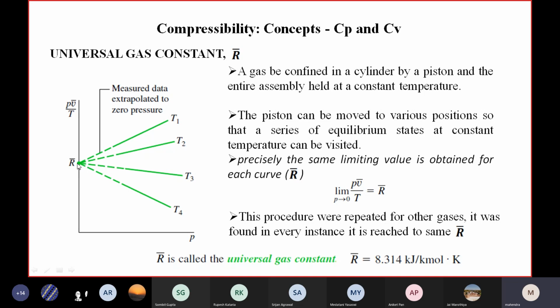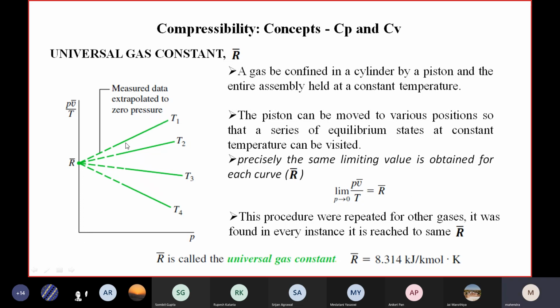If you practice this particular process for the same gas by maintaining different temperatures, in the piston cylinder assembly you might have taken a certain high temperature, a certain low temperature, a certain more low temperature. For all the cases you will be operating in such a way, and moving the piston so the pressure goes almost to zero.